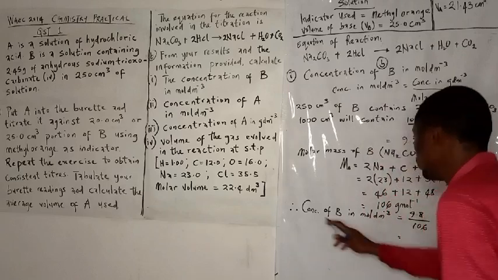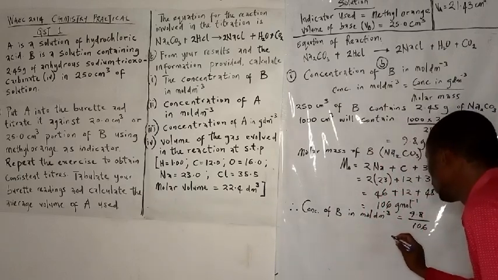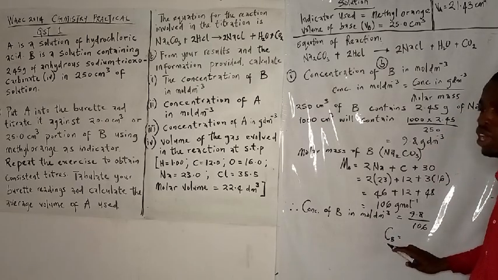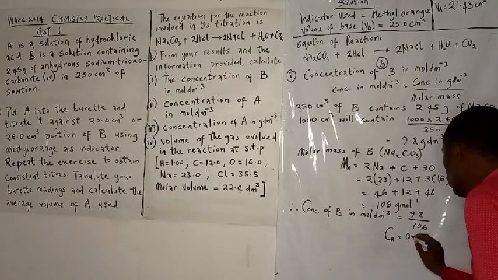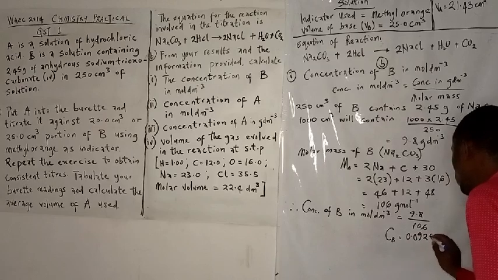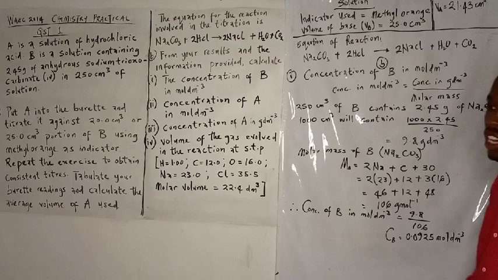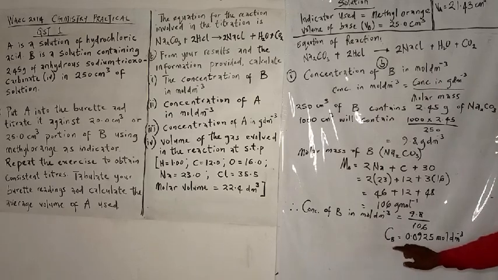This concentration of B in mole per dm cube is our C subscript B. And when we do that, we get 0.0925 mole per dm cube. So that's the concentration of B.